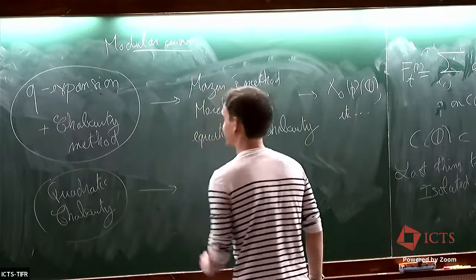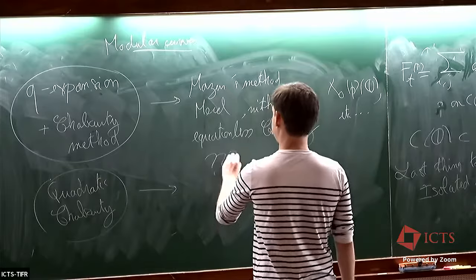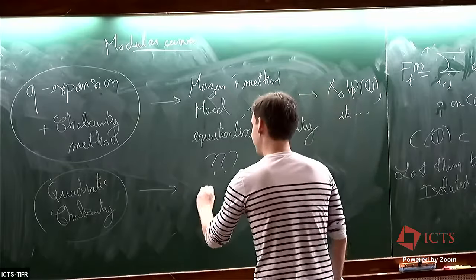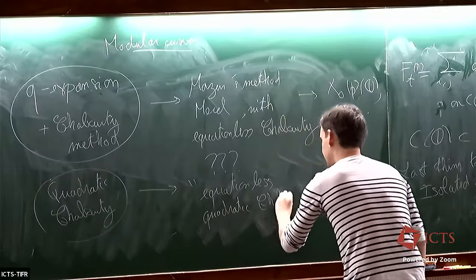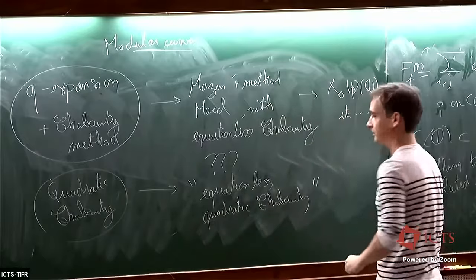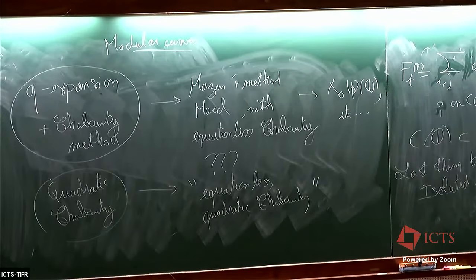So the dream would be to do some equationless quadratic Chabauty, to understand better how to figure all this out for modular curves, using all their wonderful properties that I hope we've convinced you exist, in my talks, Jan's talks, etc. So this concludes what I wanted to say about quadratic Chabauty, with a bit of modular curves at the end. Thank you.